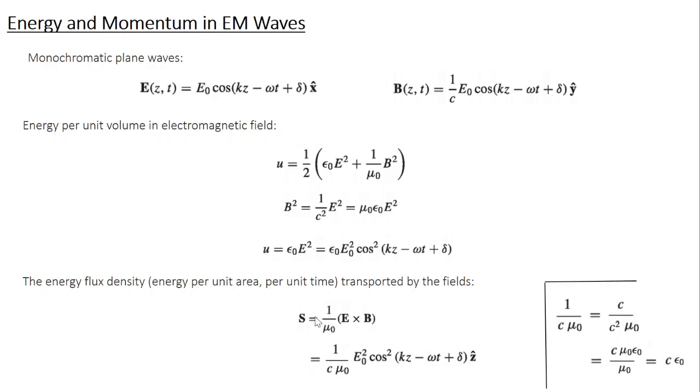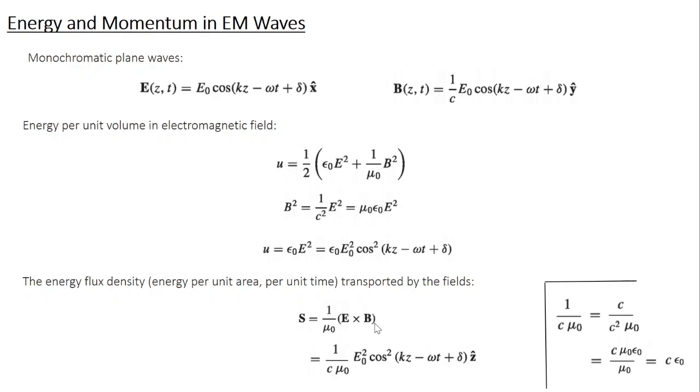Coming to the Poynting vector, which gives the energy flux density, or energy per unit area per unit time transported by the field, this is 1 over mu naught E cross B. Since the electric and magnetic fields are perpendicular to each other, the cross product is the same as a normal product.